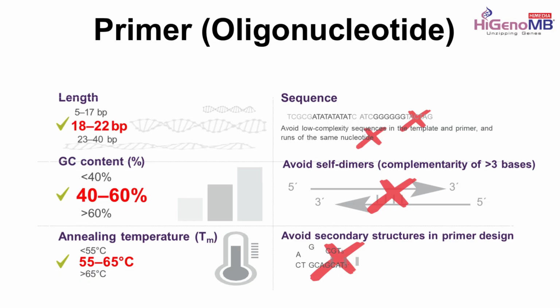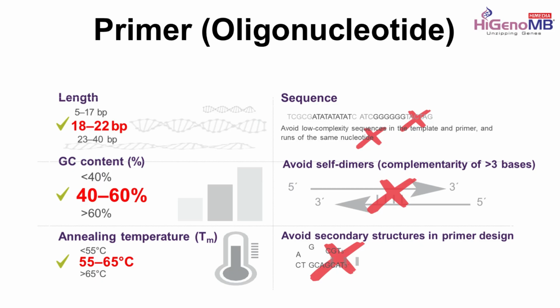When there is a stretch of nucleotides which is more than 5 or 6 base pairs, then we call it an oligonucleotide. So these are the starting material for PCR. These primers are required to locate the gene of interest in your template.